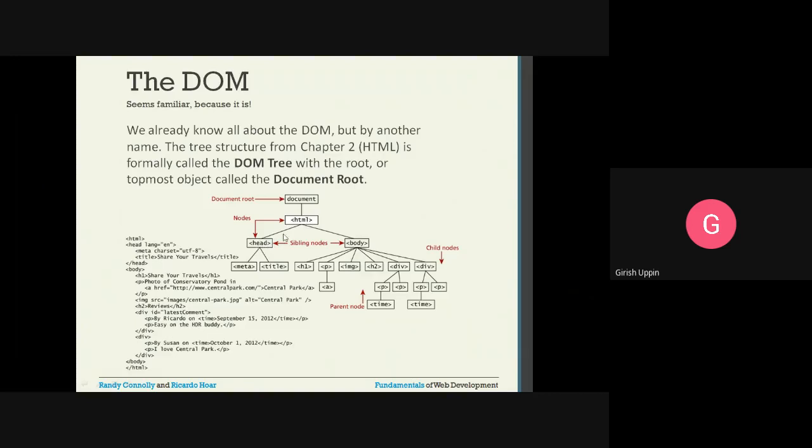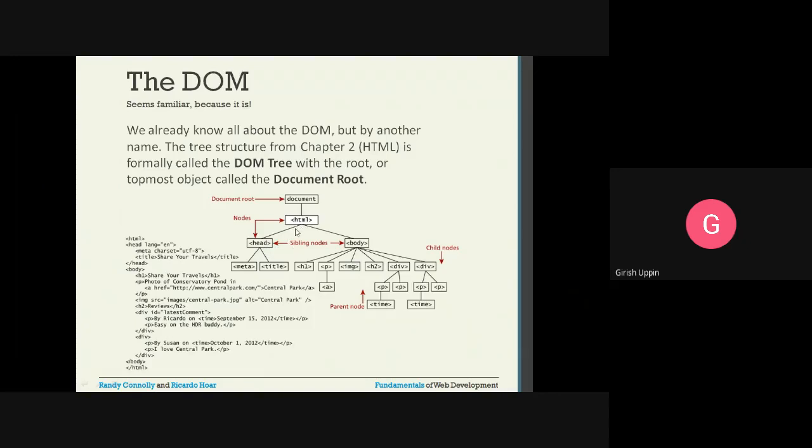Now head is a child node of HTML, and body is also a child node of HTML. If you see, head and body are at the same level, so they are called sibling nodes. Whichever node is above a certain node is called a parent node. Here, HTML is the parent node of the body as well as the head.